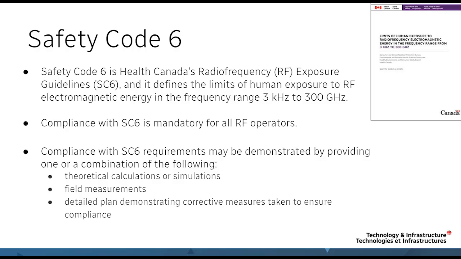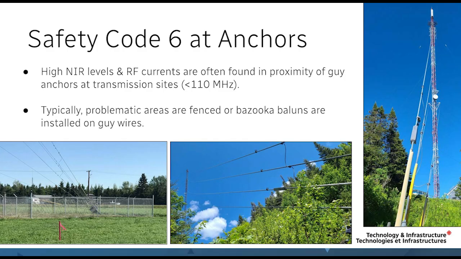You can demonstrate compliance by simulations or field measurements, and if you don't comply, you have to provide a plan to be compliant. So either install fences, reduce power, all these things that make the levels safe for the public in publicly accessible spaces. These are typical installations for our broadcast installations throughout Canada.